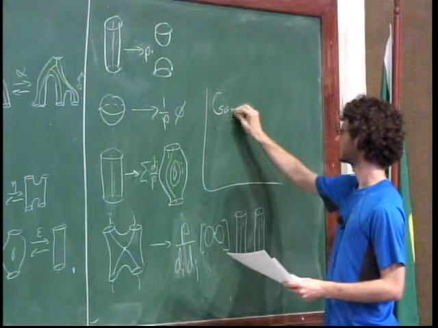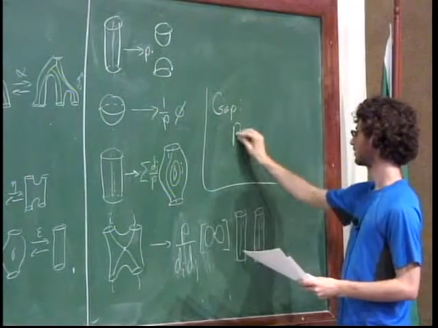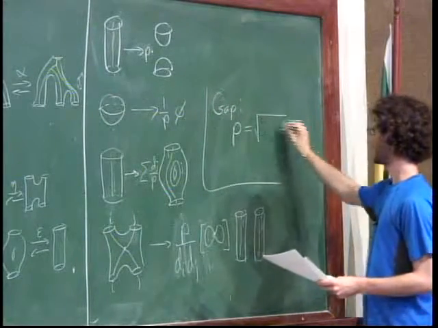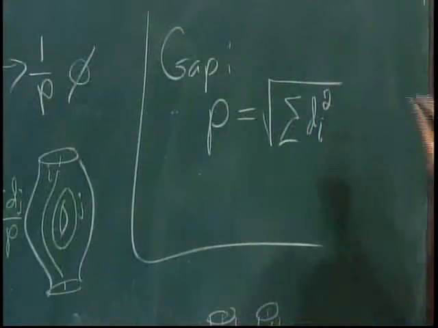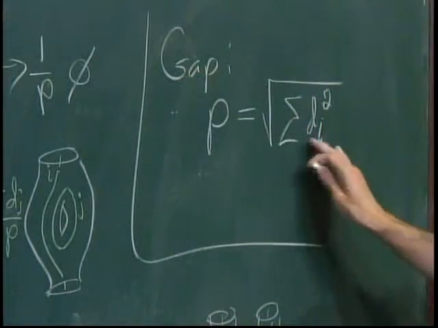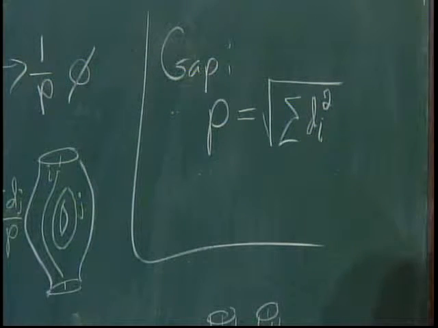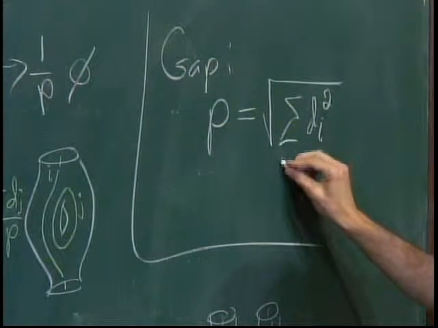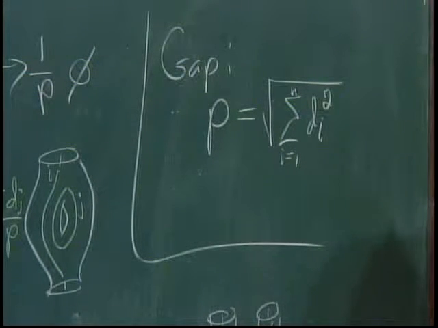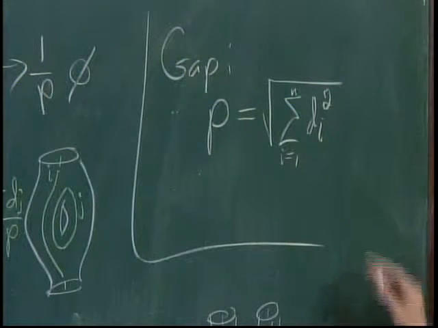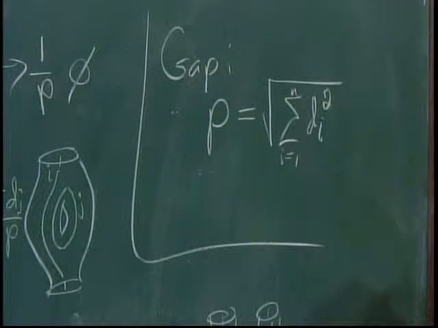So the gap is saying what P is, and the claim is we can take P to be the sum of the D_I squareds over all the simple objects of the category. So I'm summing from 1 to n over the simple objects of the category, sometimes called the global dimension of the category.